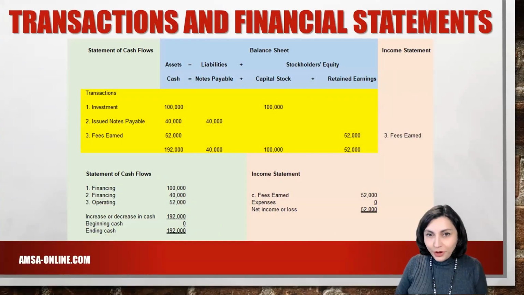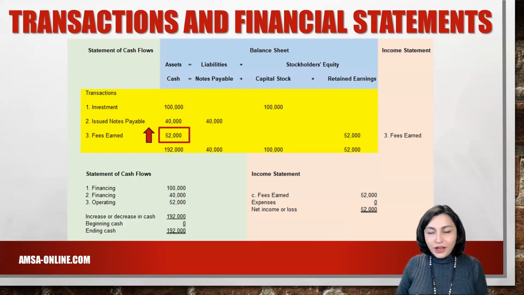Cash flows from operating activities refer to the cash inflows and outflows related directly to the revenues and expenses reported on the income statement. Therefore, when $52,000 is received for services, this transaction increases cash from operating activities by $52,000 under the Statement of Cash Flows column.